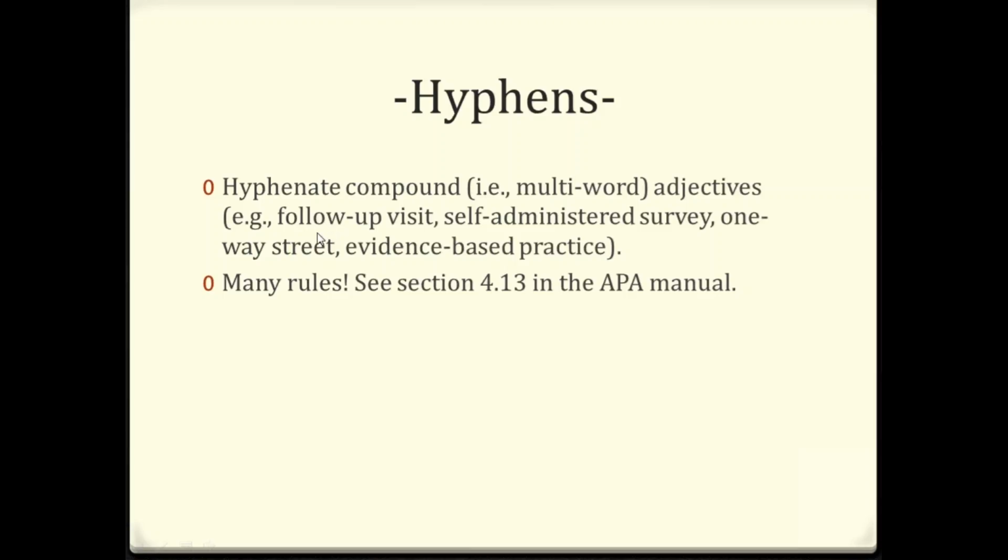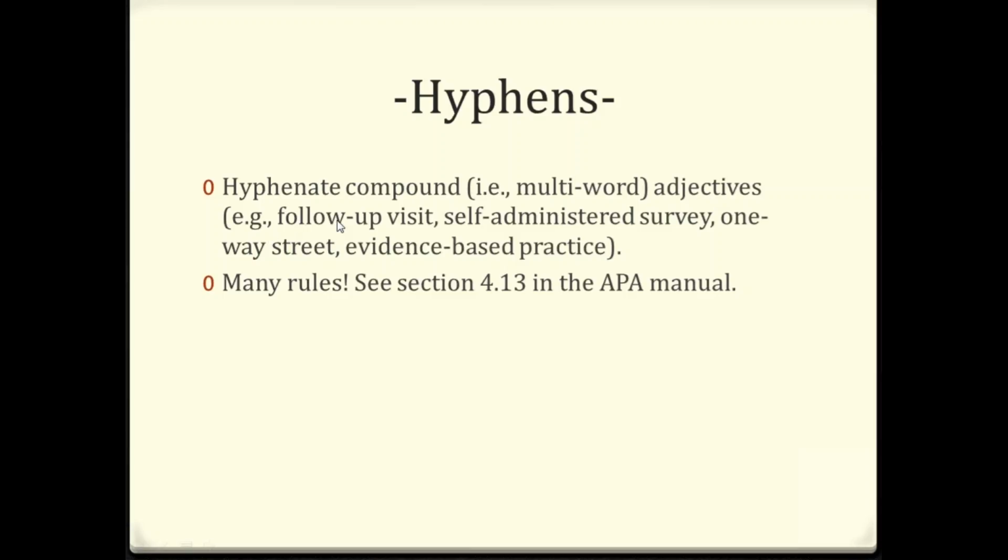Hyphens are kind of like dashes. They're kind of like mini dashes, but, like I said, you create a dash by typing 2 consecutive hyphens. But the reason I'm talking about hyphens here is because you use them to connect compound words, okay? And typically it's multi-word adjectives, so the word is modifying another word.